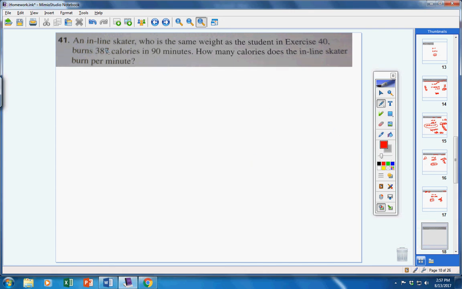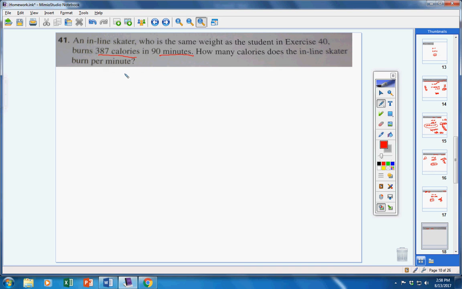An inline skater who is the same weight as the student in exercise 40 burns this many calories in this many minutes. How many calories does the inline skater burn per minute? Now, if you'll look in your book, look above number 40.